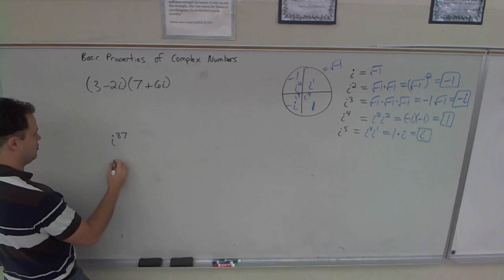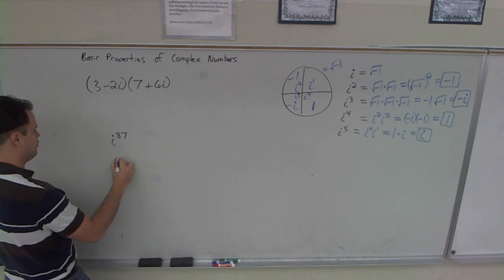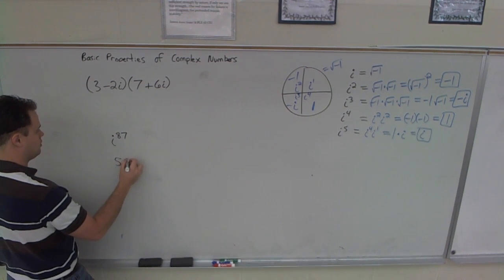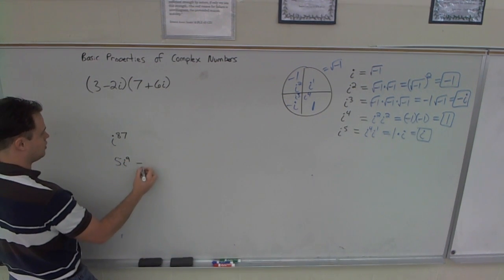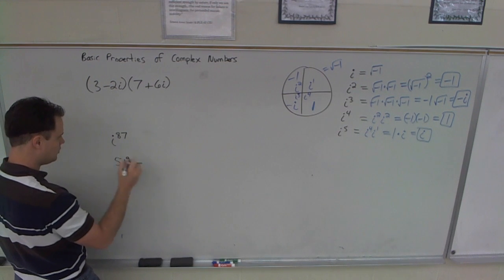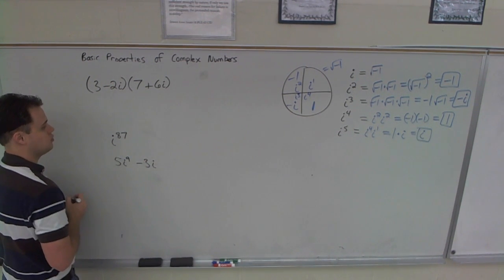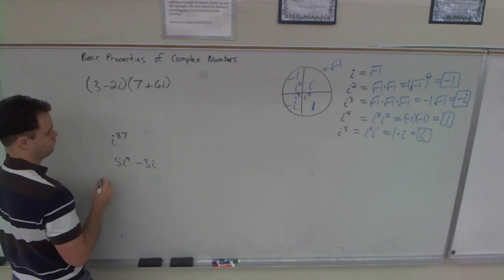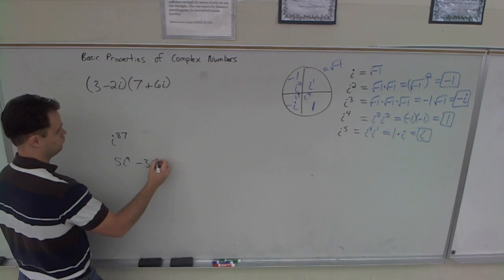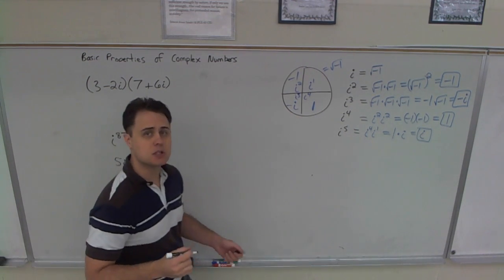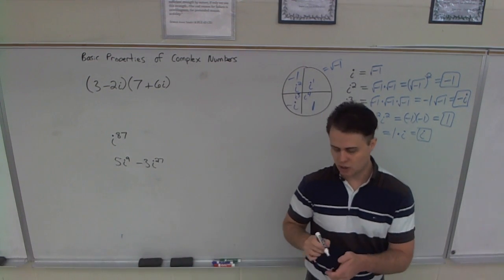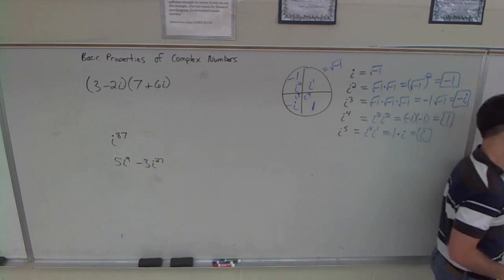And let's go a little combination here. Let's say we had 5i to the 9th minus 3i to the 27th. So if you're watching the video, I'd pause it and try these right now before moving on.